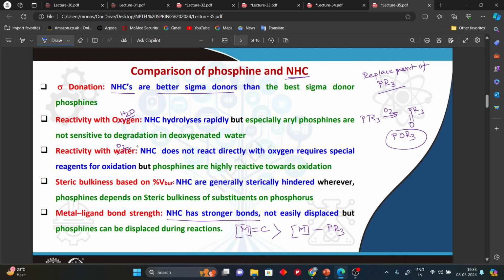In terms of reactivity with oxygen, NHC does not react with oxygen and requires a special reagent for oxidation, but phosphines are reactive with oxygen.